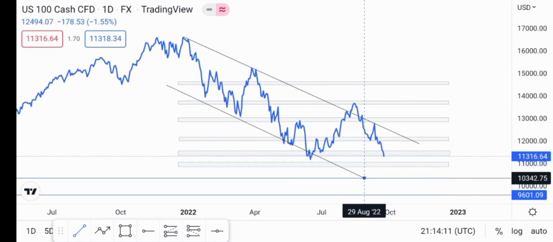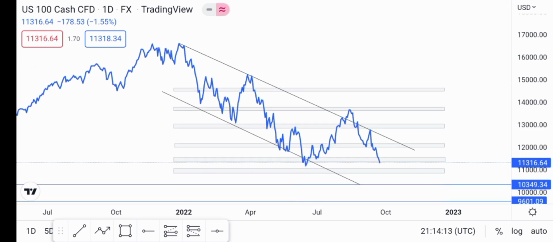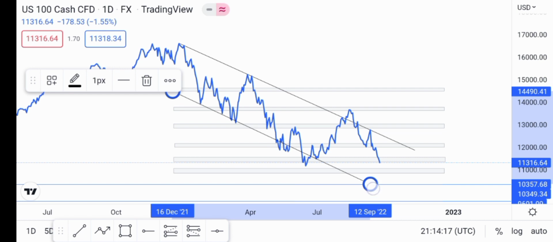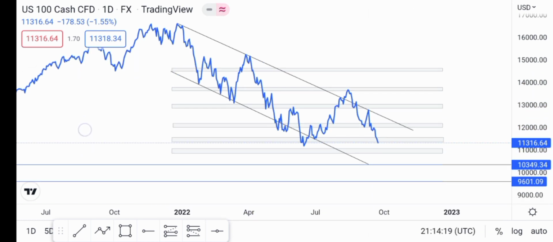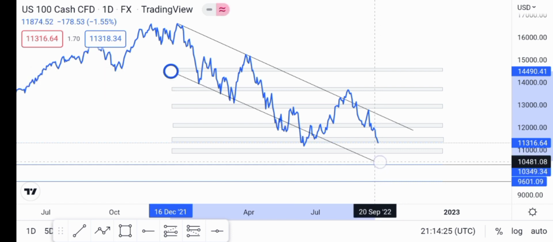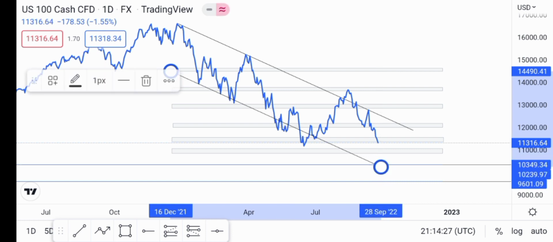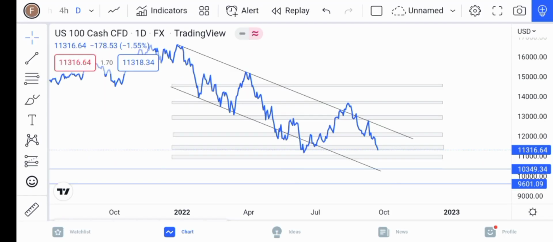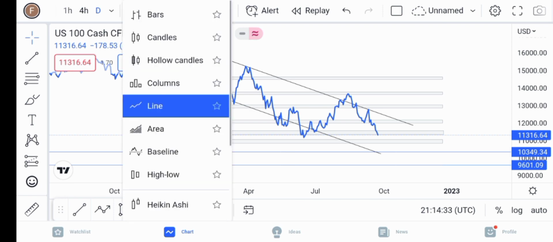Let's do this one right over here. Okay, put it like this, or we can use it like this, so you can have most of the touches. Yeah, so let's go back to the candlesticks.